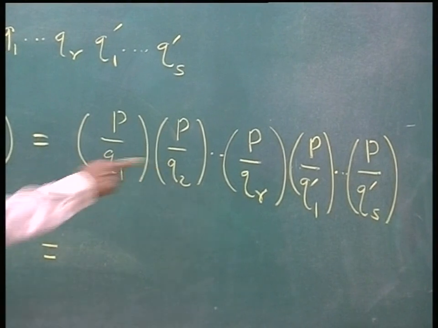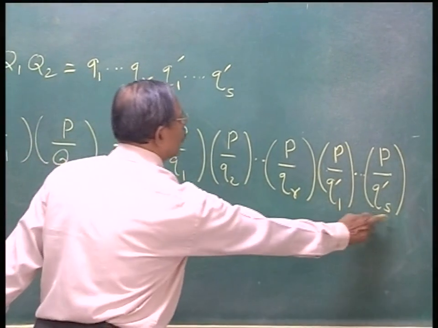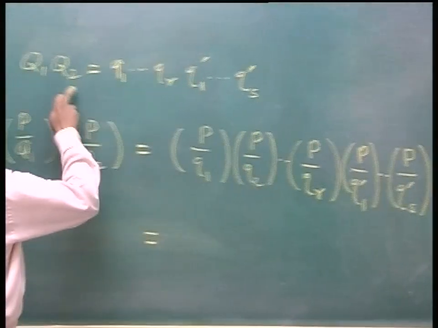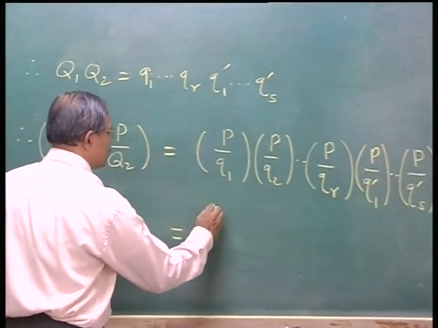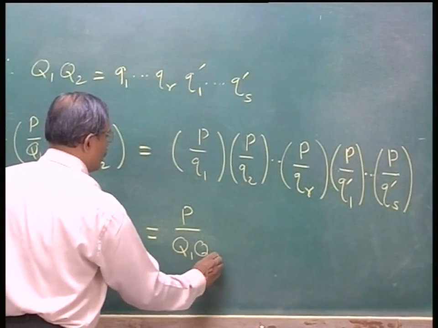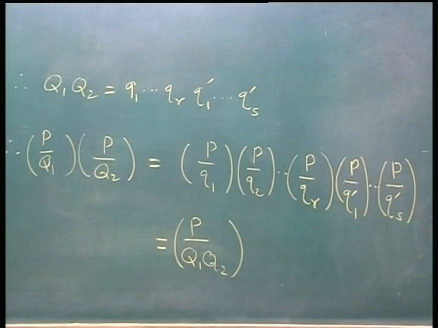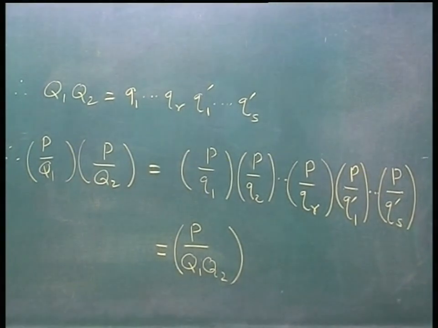This whole product of q1, ... qr, q1 dash, ... qs dash is what? This product is Q1Q2. Therefore, this quantity is the Jacobi symbol (P/Q1Q2). This is an easy consequence of the definition of the Jacobi symbol.